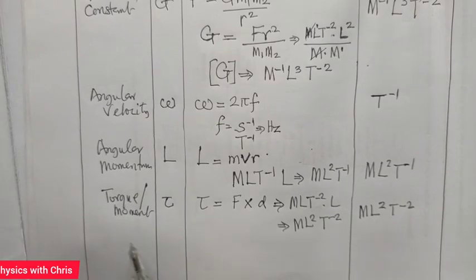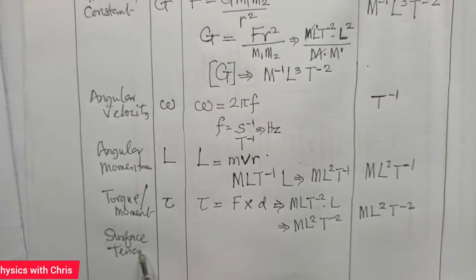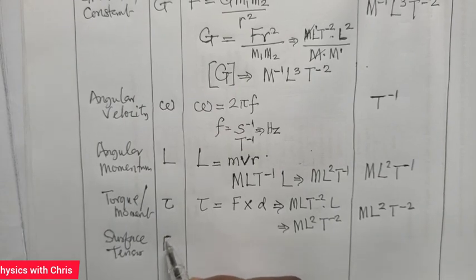So let's find the dimension of surface tension. Surface tension is a force that acts along the surface of a liquid at rest, and that force makes the liquid appear as if it's under tension. It's like a stretched elastic skin. Of course, we can use the symbol F or T for surface tension.